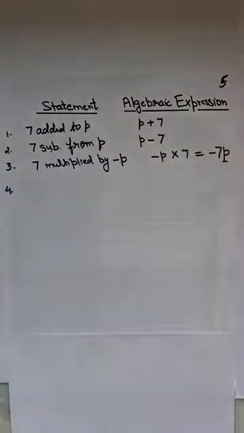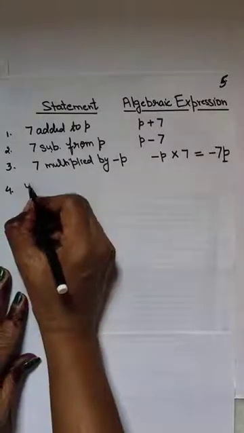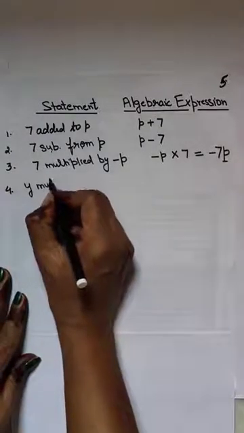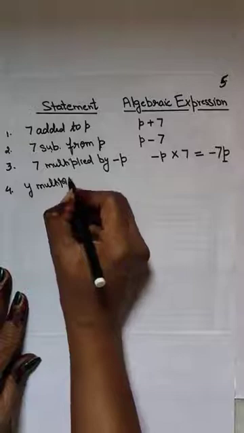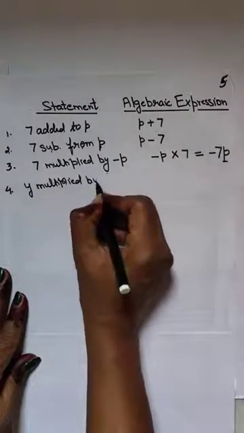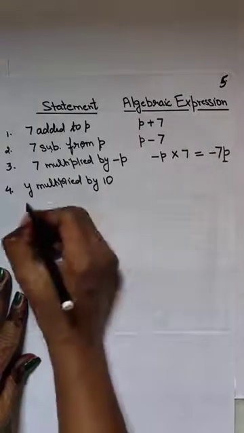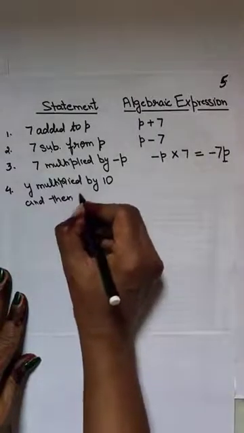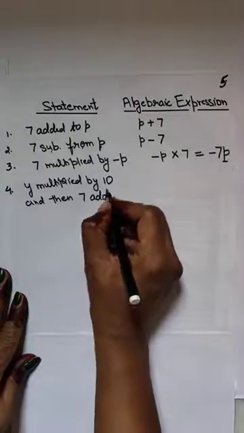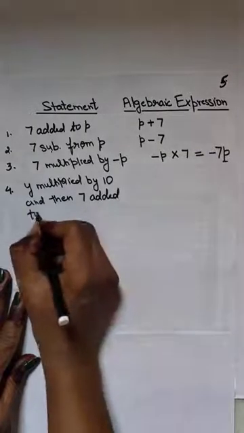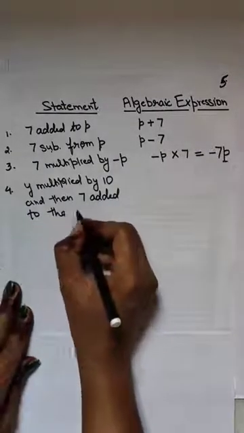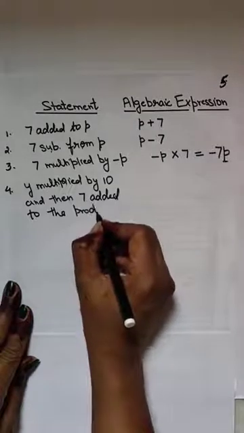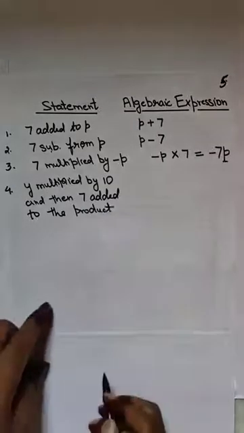See more examples. Y multiplied by 10 and then 7 added to the product.